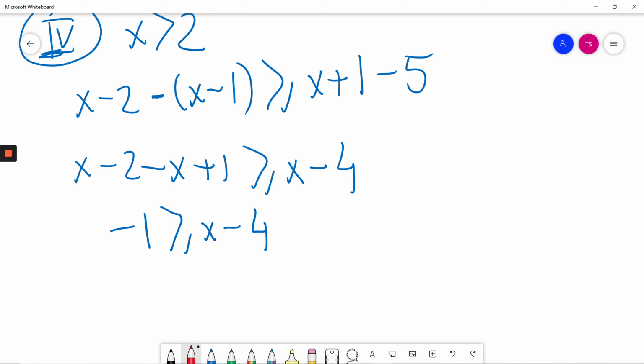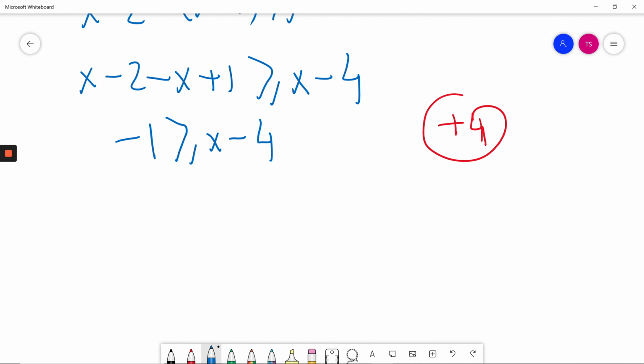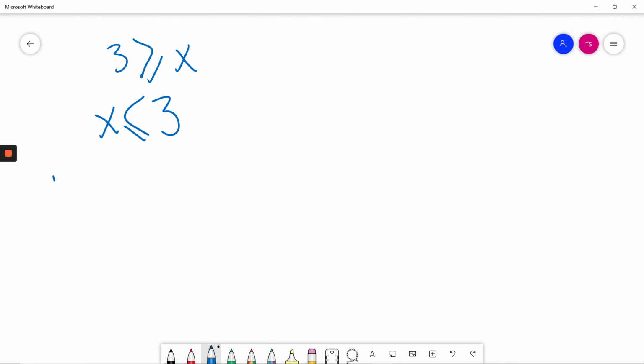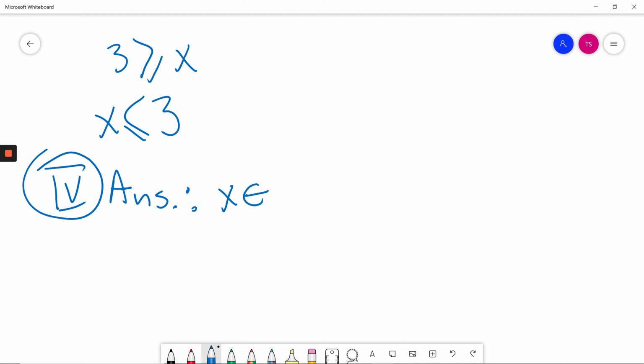At this moment I will add 4 on both sides. So 3 will be more or equal to x. So x is less or equal to 3. Interval 4 answer: x belongs to the interval from 2 open to 3 closed.